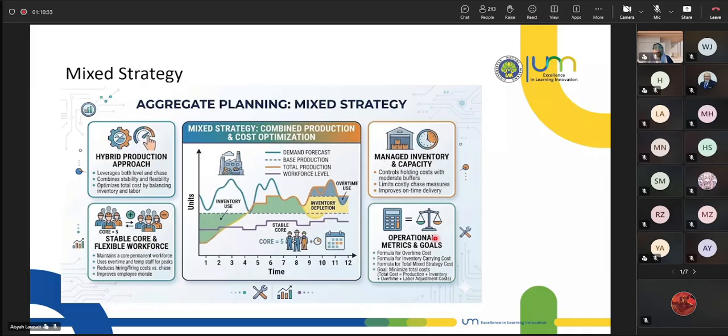And then we calculate the available operational time. Basically, you have to identify how many working days in a month, and then multiply it by how many hours in a day, and how many shifts they have each day. So we will come up with the available operational time.